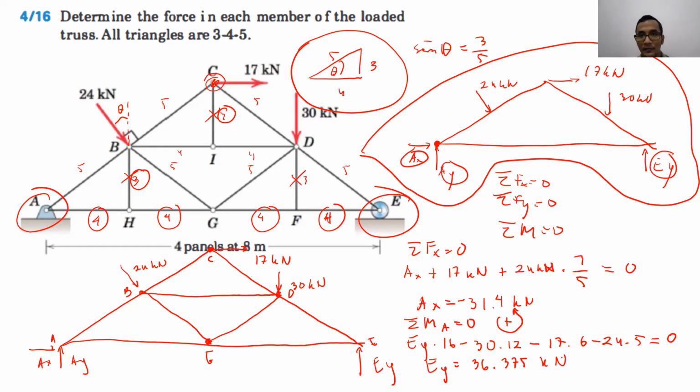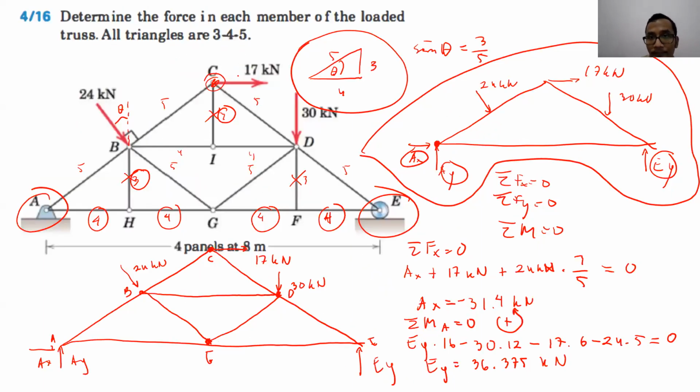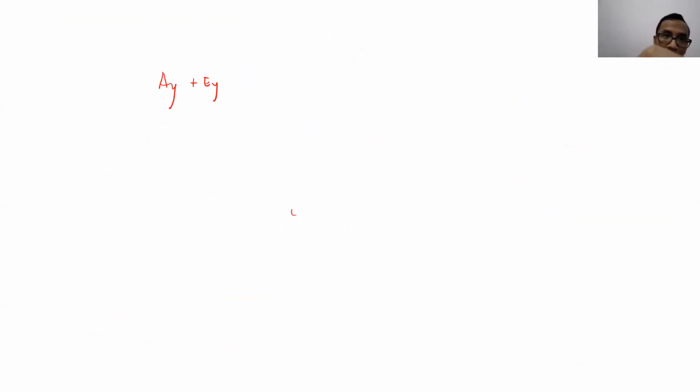Okay. In order to find AY, what should you do, Judy? We use sigma Fy equal to 0. What forces do we have in the Y direction? We have AY for sure plus EY. What else there? The 30. 30 minus, right? Yeah. Minus 30. What else?